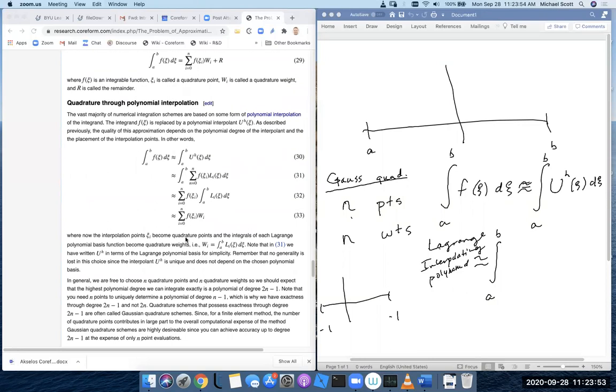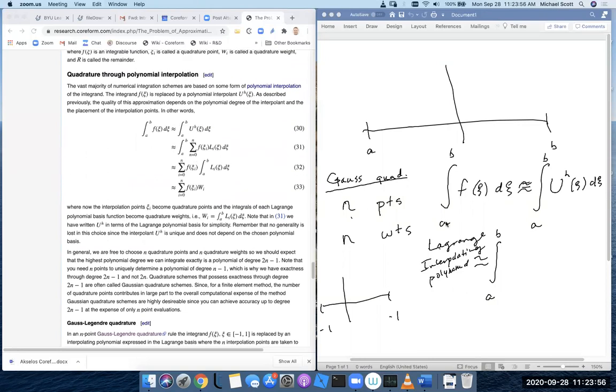So let's see. All right. Now we write our UH in terms of a Lagrange interpolating polynomial, which is nothing more than the sum from i equals 0 to n of f of xc_i, the Lagrange basis function L_i of xc, d of xc.